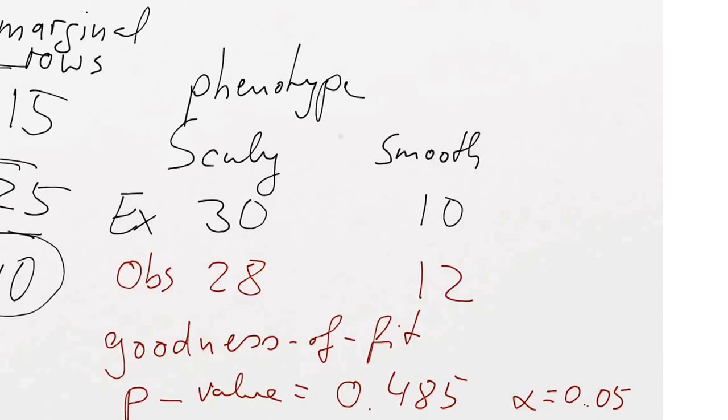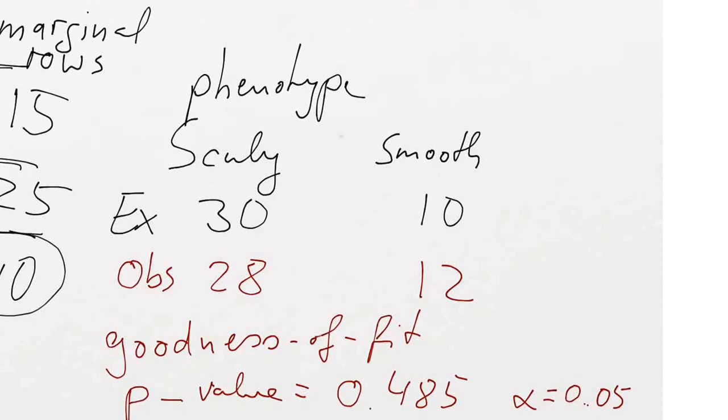Is there a statistically significant difference between the observed and the expected data? Because the p-value is high, the null hypothesis in this case is there is no significant difference.